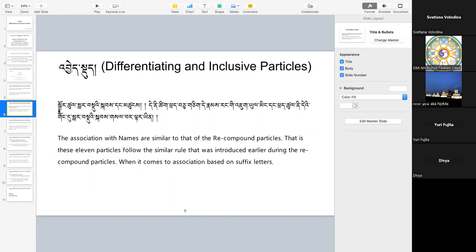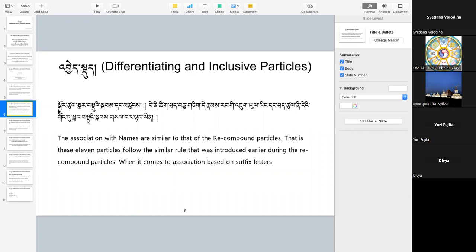That will be done in the next class when we will discuss only the association, so that we could understand how each of these particles is associated with each of the names. In this lesson, we're only going to talk very briefly, more or less like an introduction.